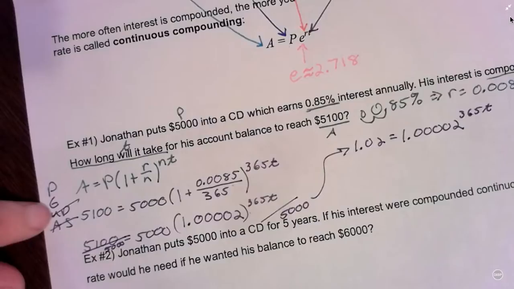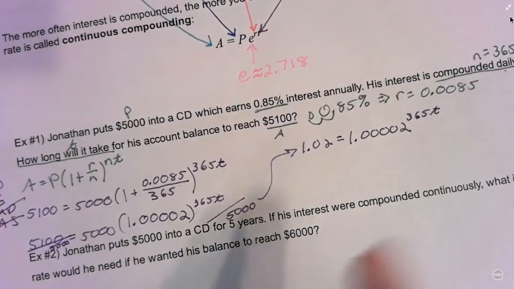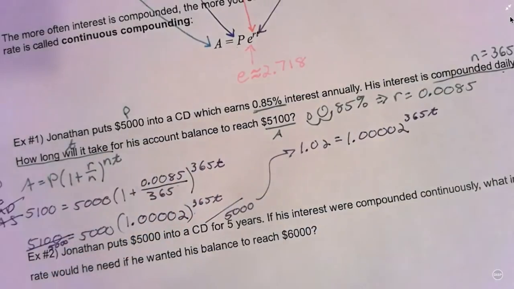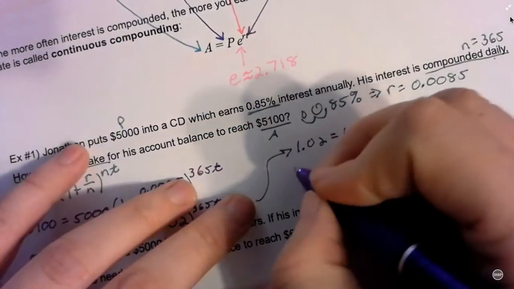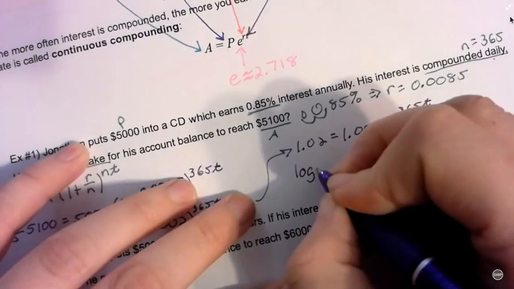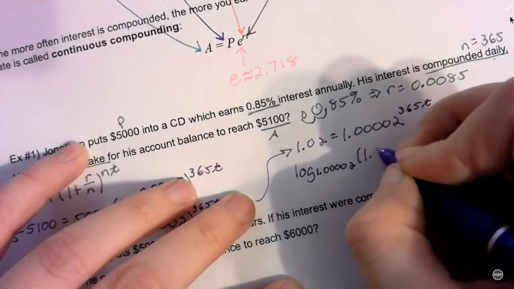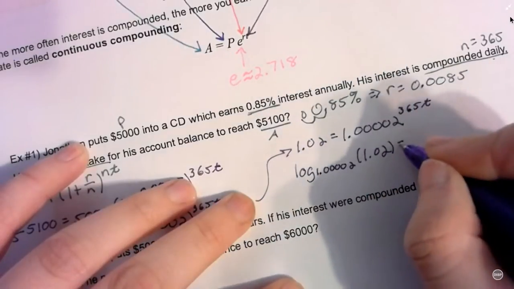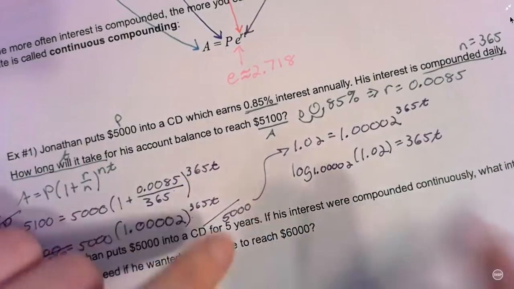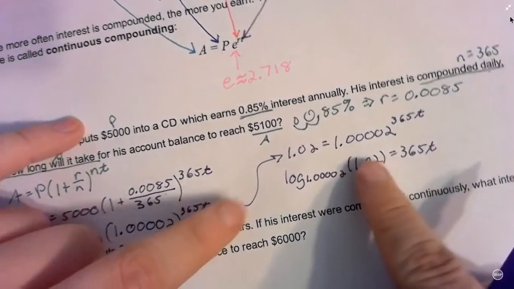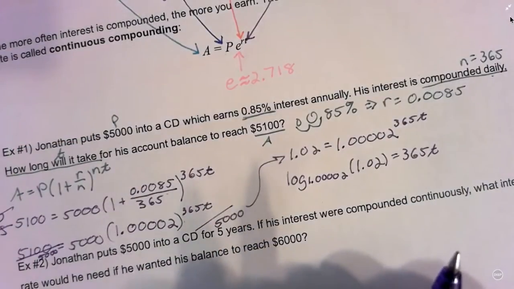So now I'm ready for the exponent step. So I need to get this t out of the exponent. I need it to be down at this level where I can work with it. So I'm going to convert this to logarithmic form. And as usual, this right here, as messy as it looks, is just a number. So go ahead and put that in a calculator and get an estimate for it.